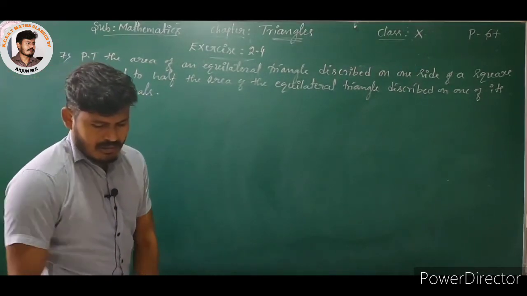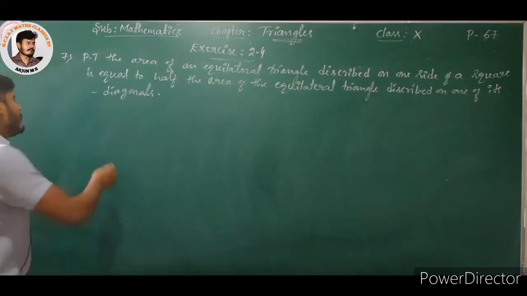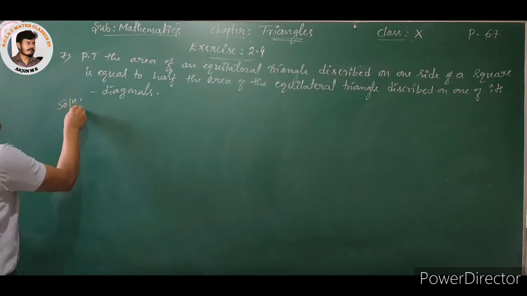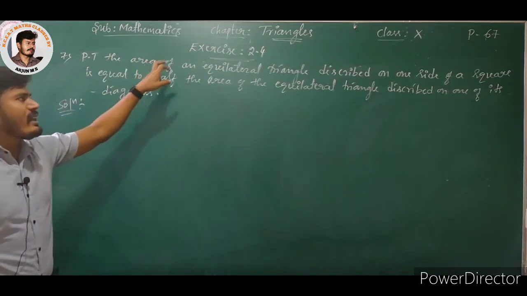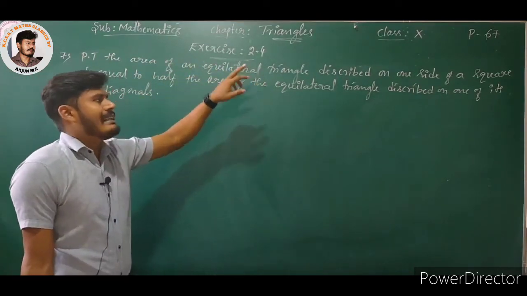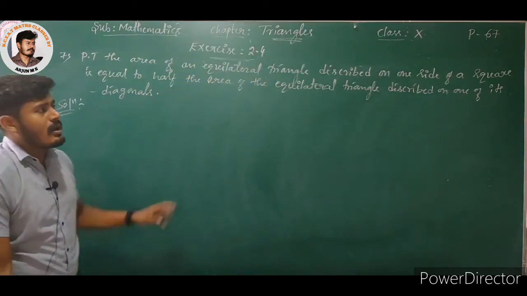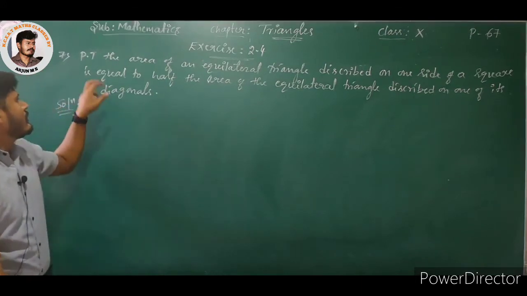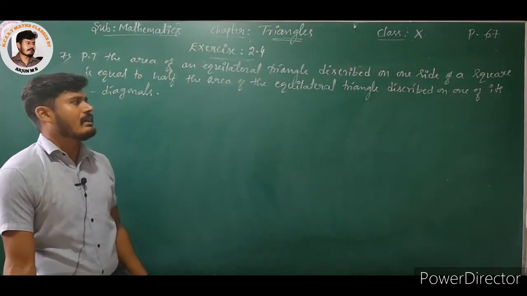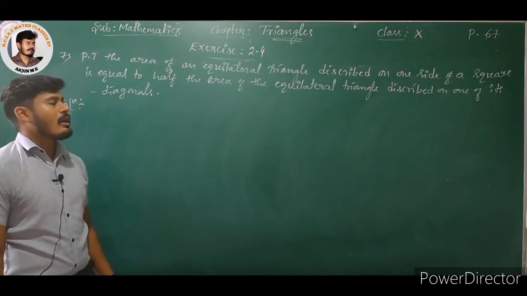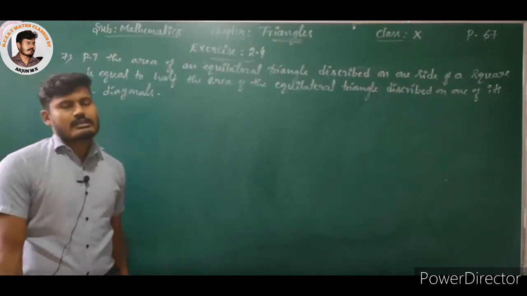So just take down this question. Prove that the area of an equilateral triangle described on one side of a square is equal to half the area of the equilateral triangle described on one of its diagonals.